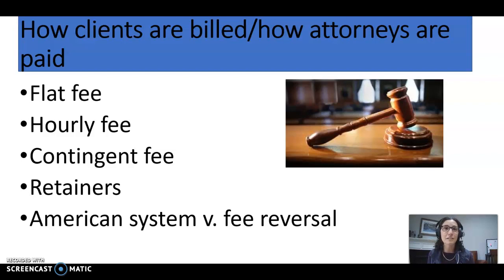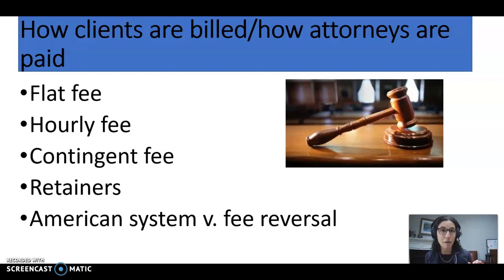The last thing I want to mention on this introductory slide, I can't believe I'm still on slide number 1, is what we call the American system versus the fee reversal system. In the American legal system, most clients pay their own attorney's fees. A lot of clients don't think that's true. They think I've been wronged and therefore the other party should be paying my attorney's fees.